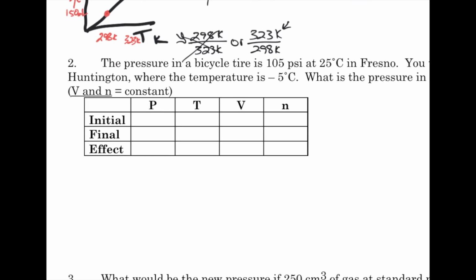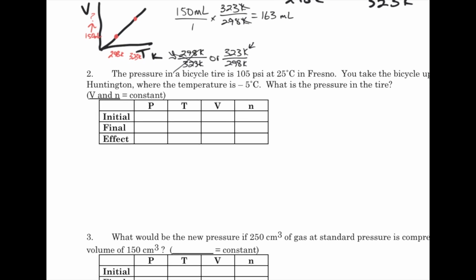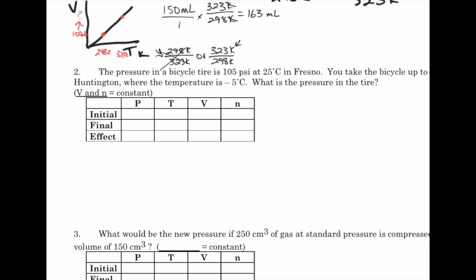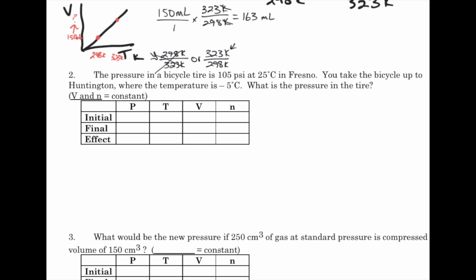Let's go ahead and look at the next problem, and we're going to use the exact same set of instructions. The pressure in a bicycle tire is 105 psi at 25 degrees Celsius in Fresno. You take the bicycle up to Huntington, where the temperature is -5 degrees Celsius. What is the new pressure in the tire, right? And it tells us here that volume and number of particles are held constant.